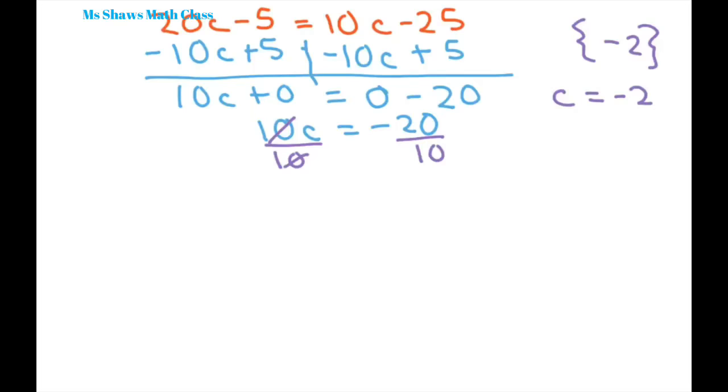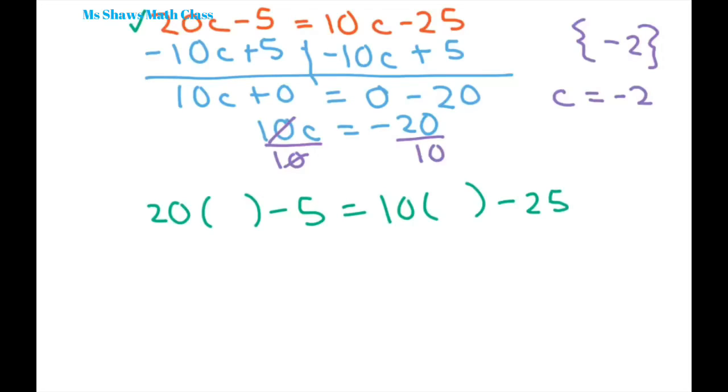Now we must check our solutions. We're going to use the substitution property. So I'm going to go back to my original equation. And everywhere there's a C, I'm going to substitute or replace C with negative 2. And now we simplify. 20 times negative 2 is negative 40.